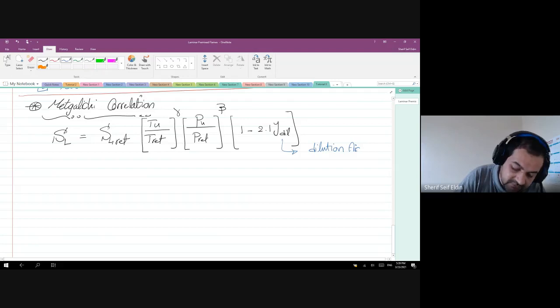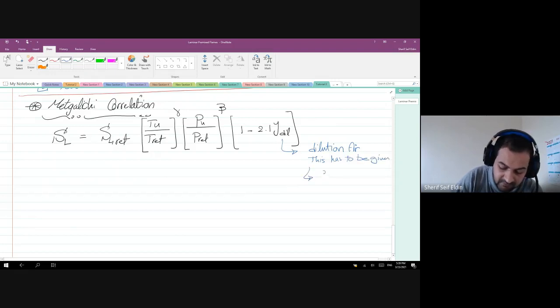It has to be given to you in the exam. If it's not given, you consider it as zero. All right? This has to be given. And sometimes it's the secondary air of the combustion chamber.